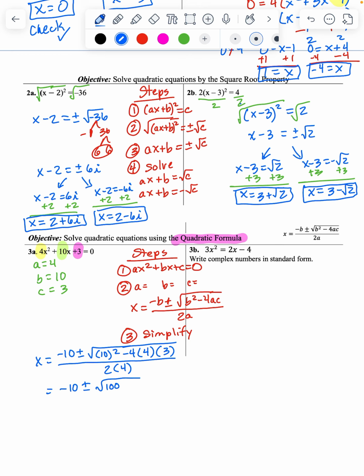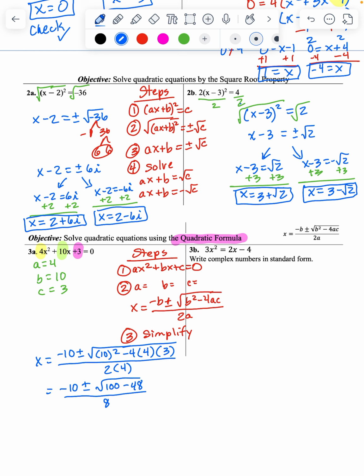So following order of operations, we square before we do any multiplying and dividing. So 10 squared means 10 times 10, which is 100. Then multiply. 4 times 4 is 16, and 16 times 3 is 48.